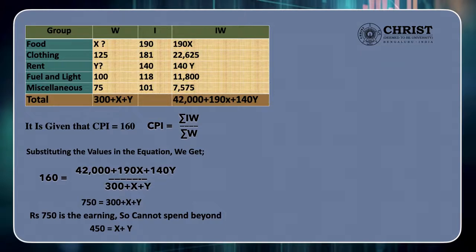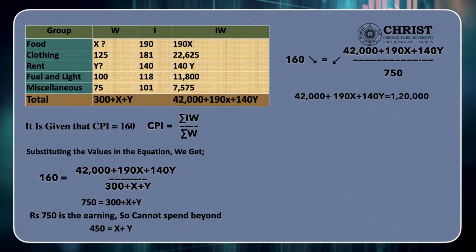Now we have to substitute the values in the equation. 160 is equal to 42,000 plus 190x plus 140y divided by 750, because the total earnings is 750. Cross multiplying, 42,000 plus 190x plus 140y is equal to 1,20,000, that is 160 into 750.